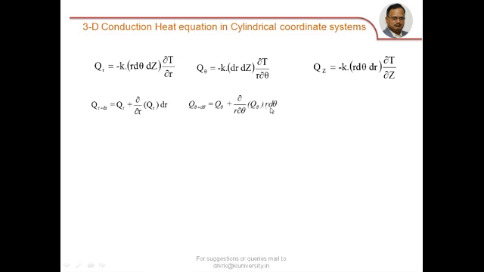And for an overall thickness of r d theta, the total change plus the original value Q_theta will give you the final value. So Q_(theta+d theta) is equal to Q_theta plus ∂/(r ∂theta) of Q_theta into r d theta. In the same way, Q_(z+dz) is equal to Q_z plus ∂/∂z of Q_z into dz.